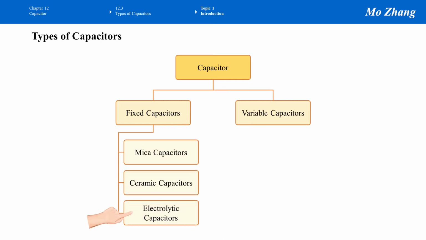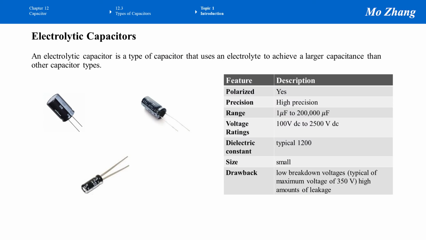Another commonly used type of capacitor is the electrolytic capacitor. This kind of capacitor uses an electrolyte to achieve larger capacitance. As you can see, here are the photos for this kind of capacitor.